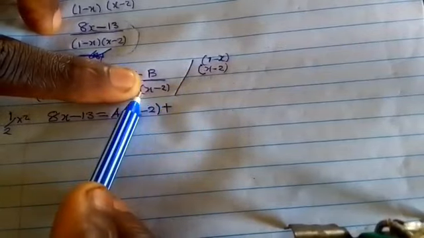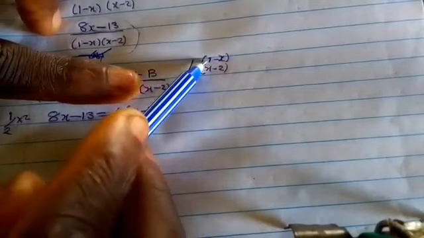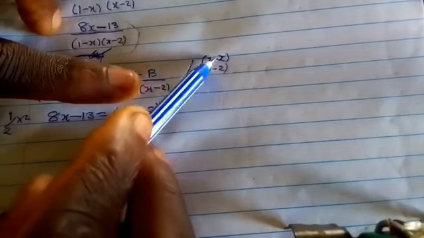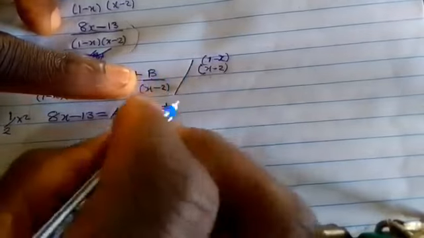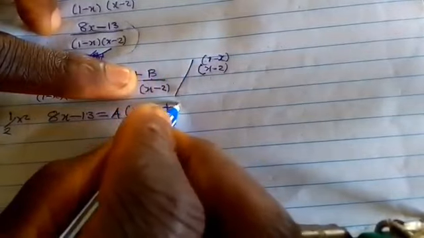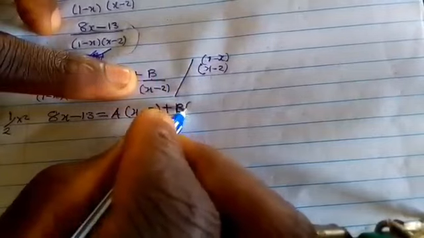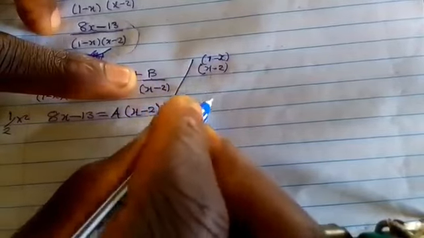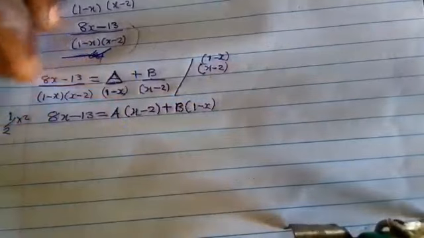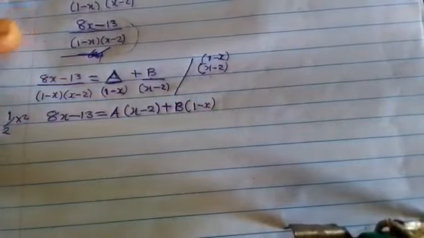Therefore, I'm just going to remain with 1 minus x and also b. So I'm remaining with b, then open bracket, 1 minus x, close bracket. Okay? I hope from there we are together.